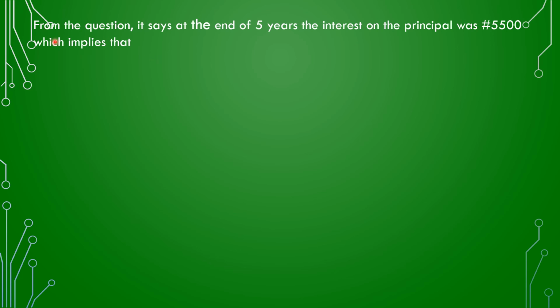Going further, from the question, it says at the end of 5 years, the simple interest on the principal was 5,500 naira, which implies that 5,500 is equal to 750 R. Remember from the previous slide that I is equal to 750 R. So we are writing 5,500 in place of I. That gives us this equation.